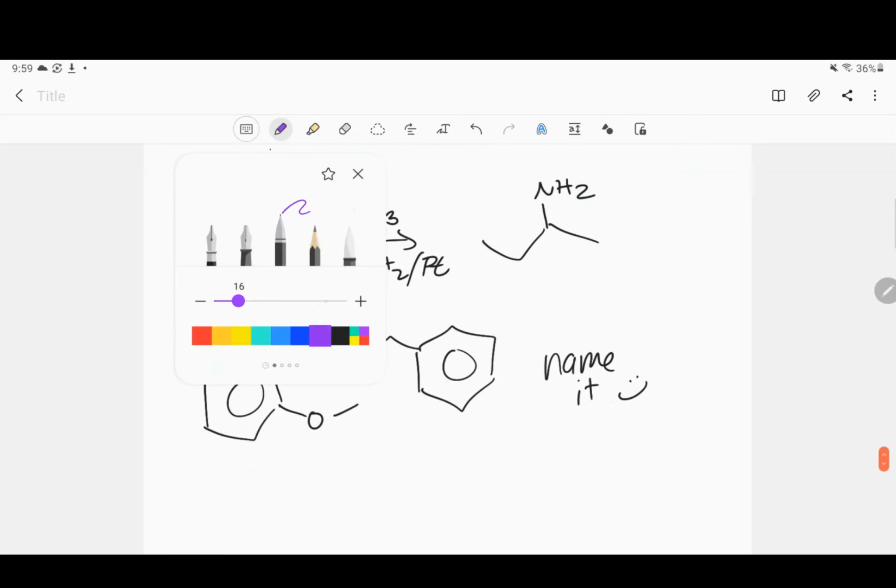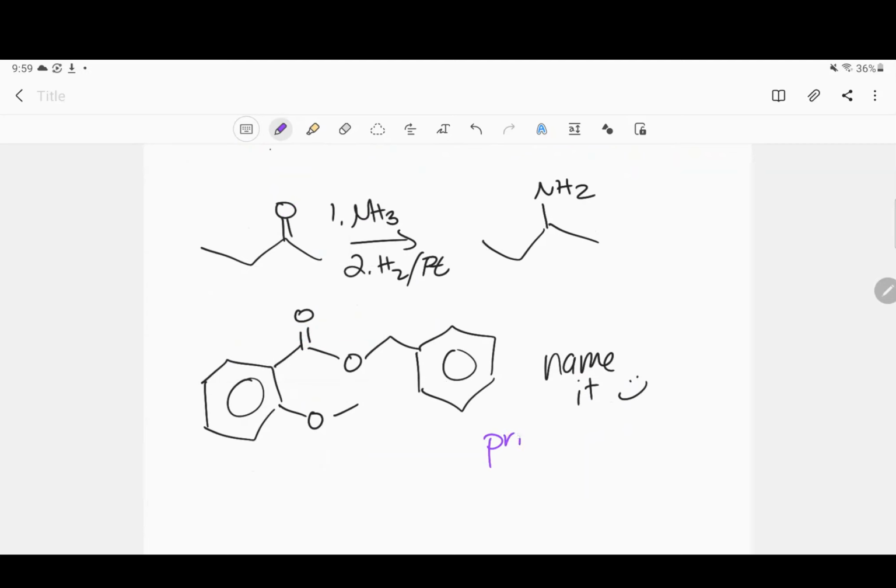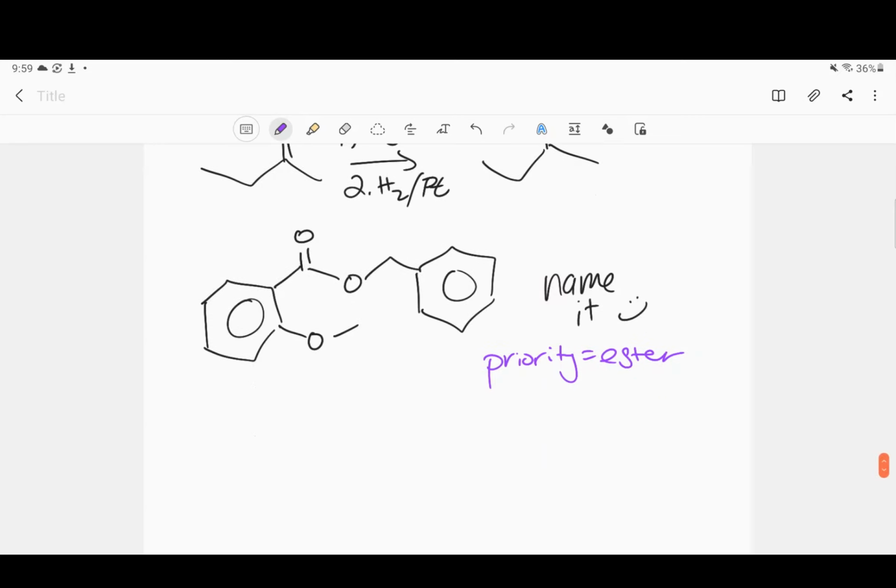So the priority group here is the ester. And how do we name esters again? So remember, esters have 2 names. Go ahead. The -ate at the end. Yes, we're going to have an -ate at the end.